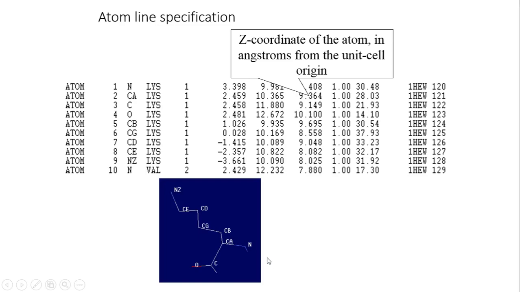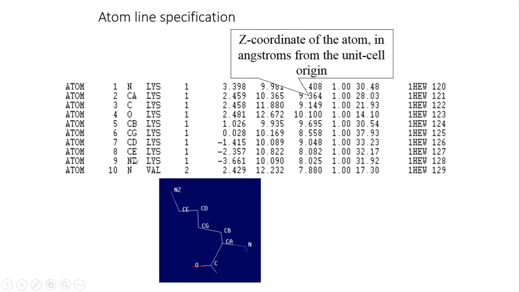So of these lines, this N, C alpha, C and O are called the backbone atoms, and whatever is present subsequent to the C alpha carbon atom corresponds to your side chain carbon atoms.